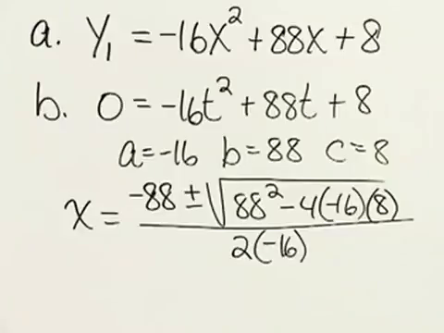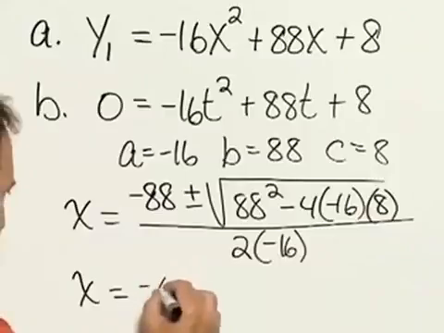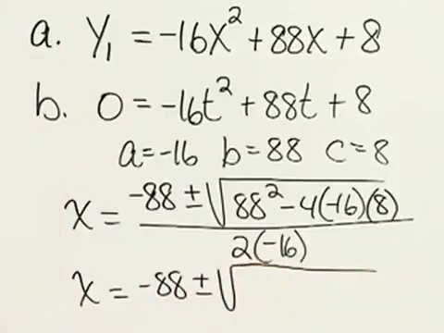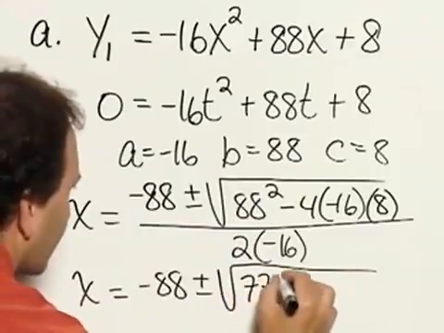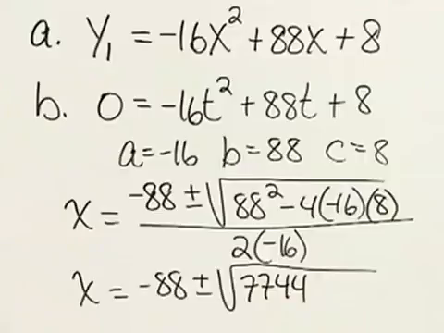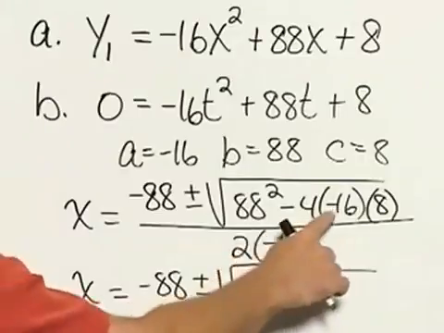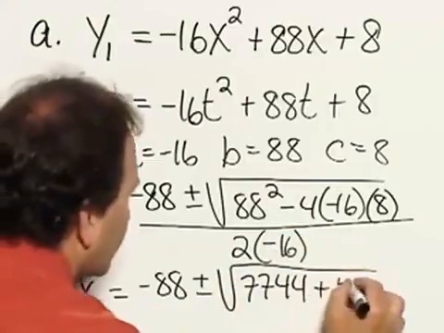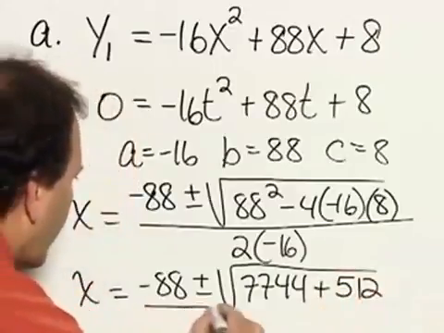Simplifying this, we get x is equal to negative 88 plus or minus, underneath the square root, 88 squared is equal to 7,744. We have a negative times a negative, which means it's positive. 4 times 16 is 64, times 8 is 512.